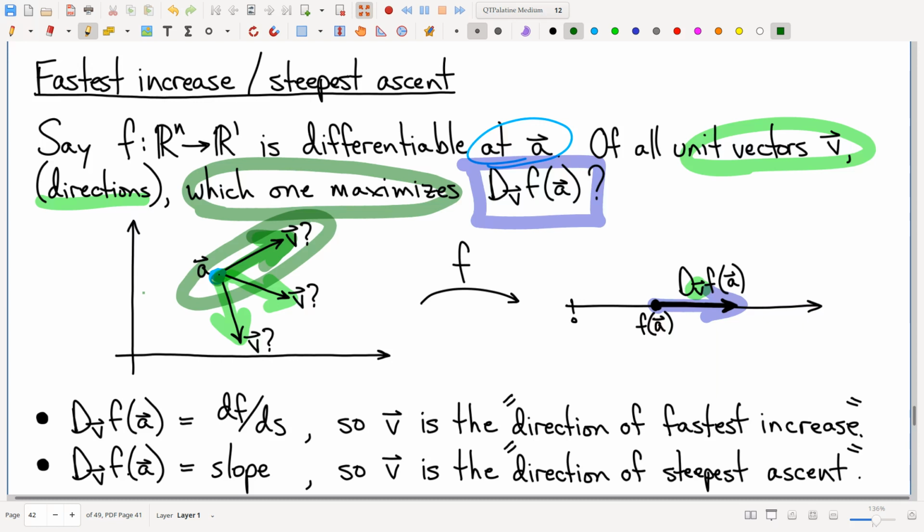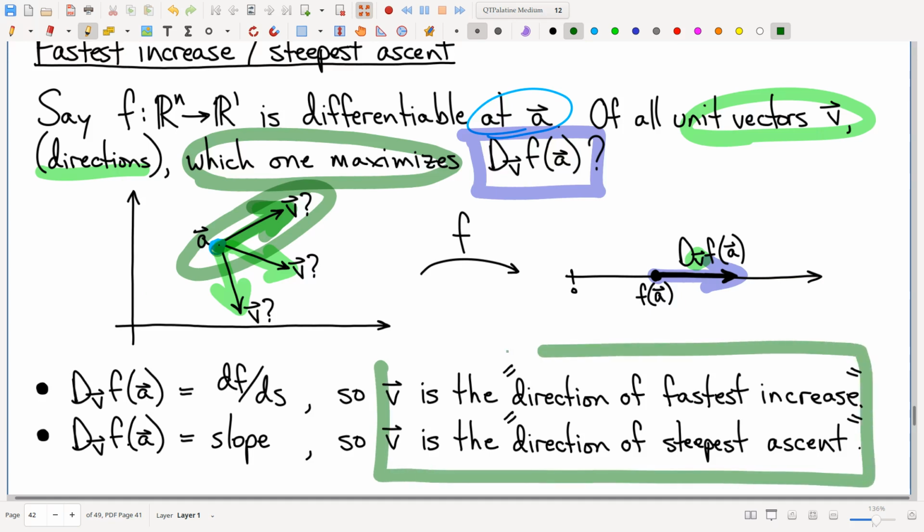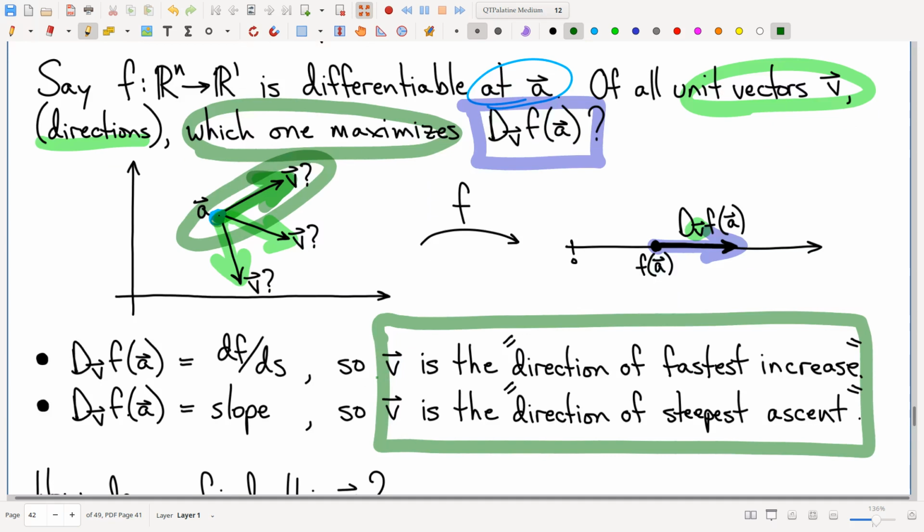Okay, now let's talk about language before we actually answer the question. This direction that maximizes the directional derivative. There's two terms I want to introduce y'all to. The one that I think makes the most sense, and this is just me, but I think direction of fastest increase makes loads of sense.